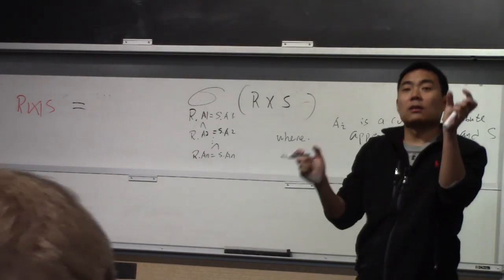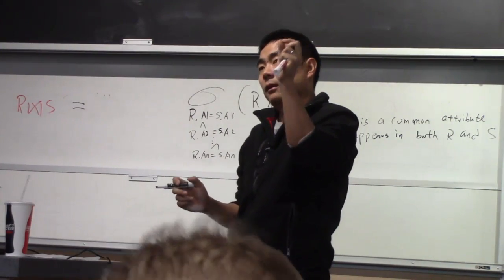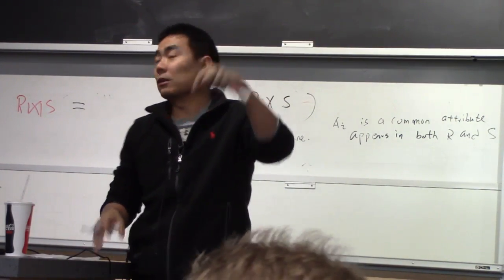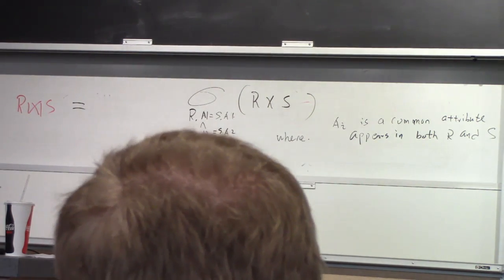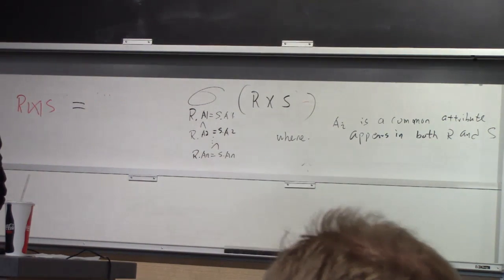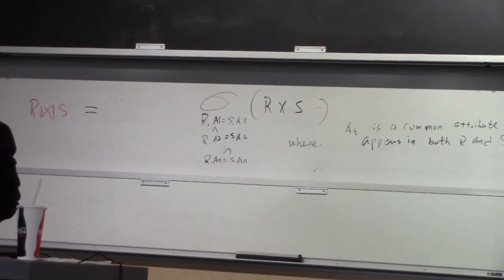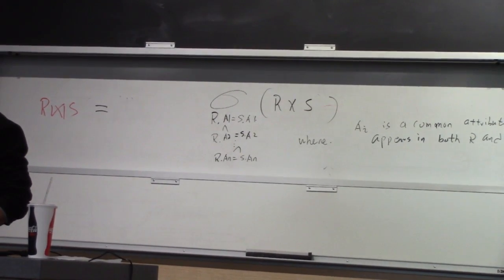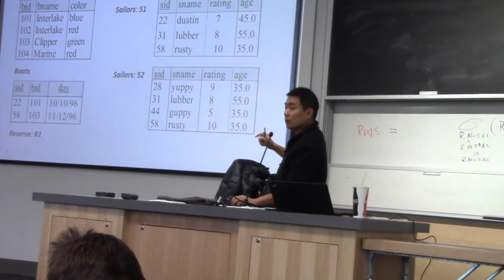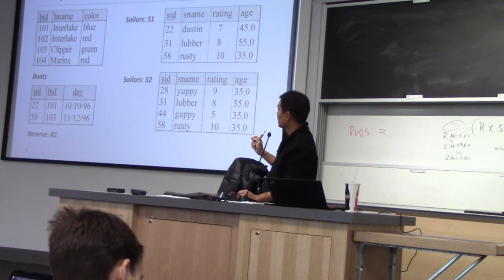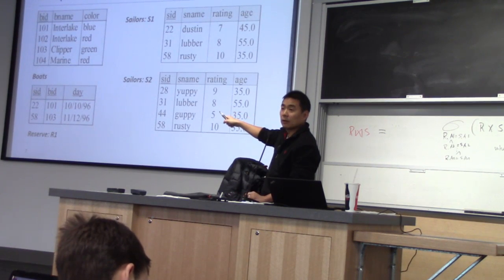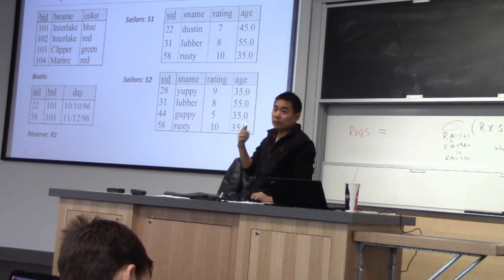For example, if student schema has an attribute, so student might not be a good example. Let me use the example we have, reserve and sailors. If you look at this example, what are the common attributes between sailors and reserve? There's only one common attribute, which is sailor ID.